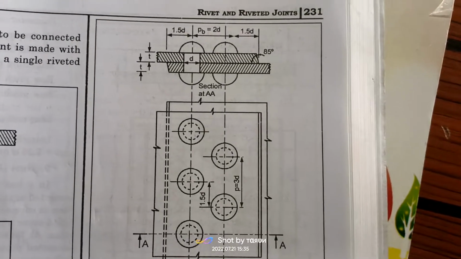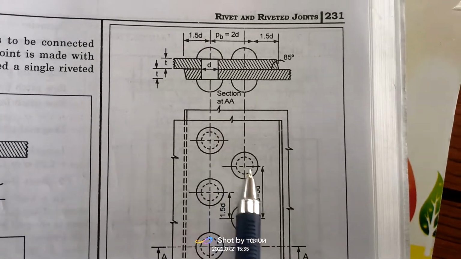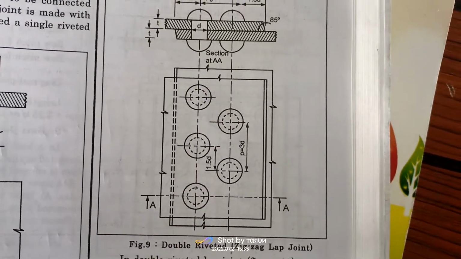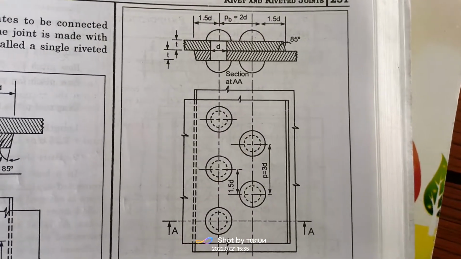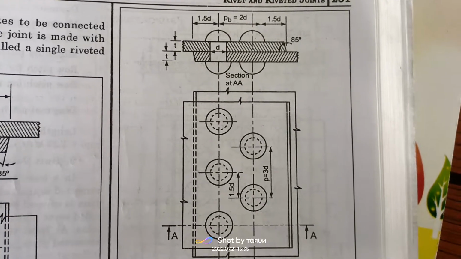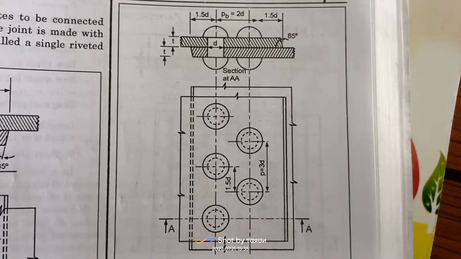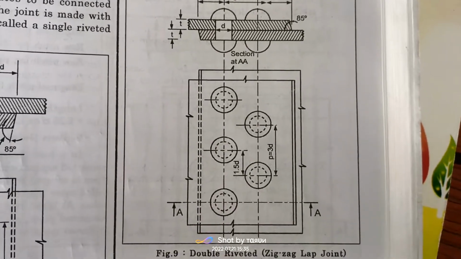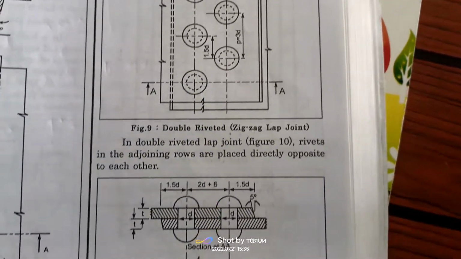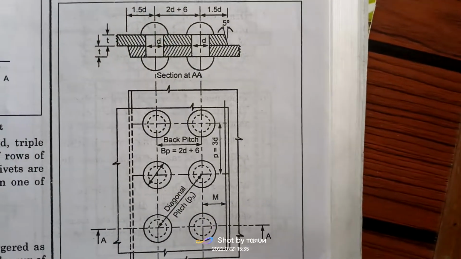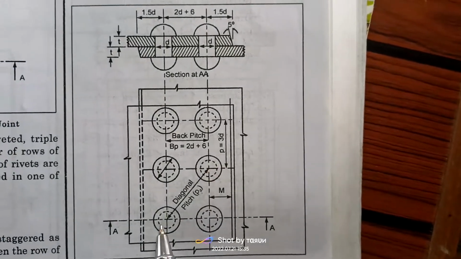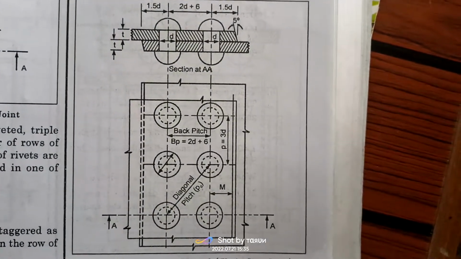We can see the center to center distance along the columns of the two rivets is known as back pitch, PB, and we take it 2D. In the double riveted lap joint we can see, and in the next diagram, a double riveted chain lap joint. Here the diagonal distance between the two rivets is known as diagonal pitch.